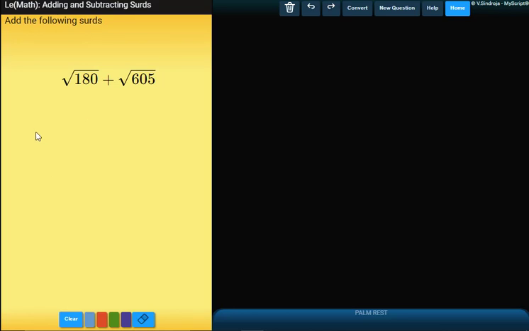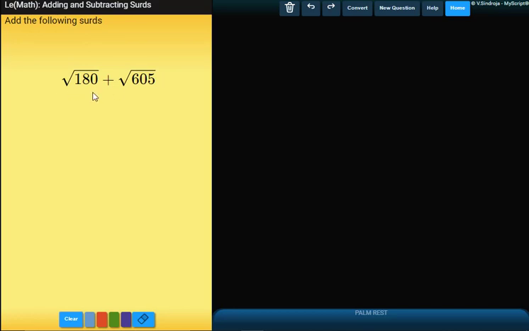However, you couldn't do something like 3 root 5 add 9 root 7. You can't do anything with that. You can factor out a 3 and have root 5 add 3 root 7, but there's not much more you can do. You kind of have to leave it, but you have to be careful.